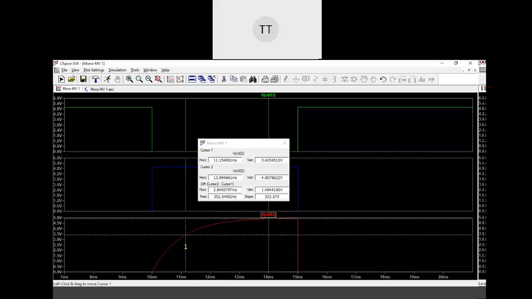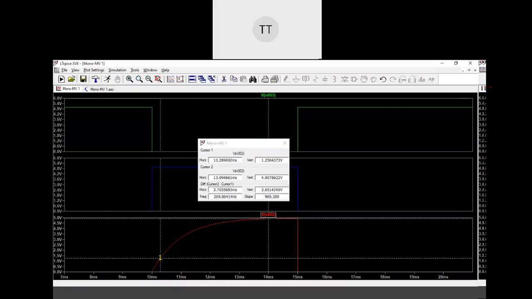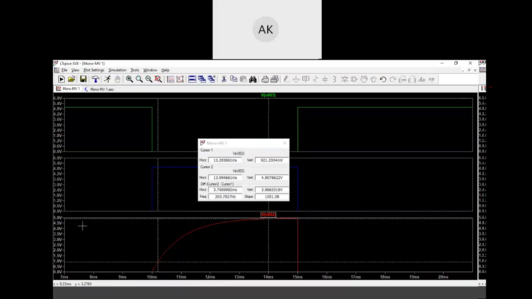Interestingly, can you see the capacitor voltage is not stopping at VTH, it's going till VCC? Am I correct? See the capacitor voltage, is it almost reaching 5 volts? In the previous case, was the capacitor voltage reaching only up to VTH?